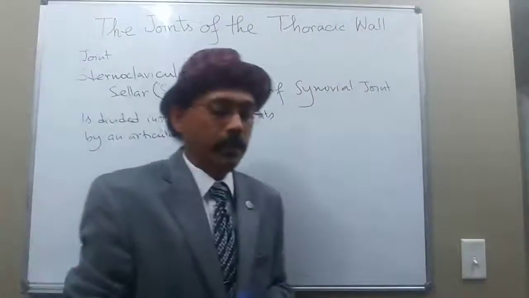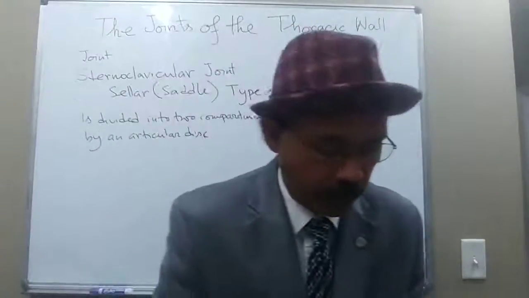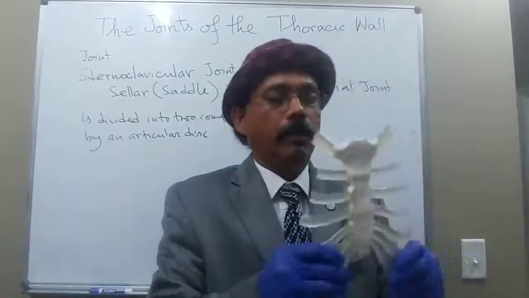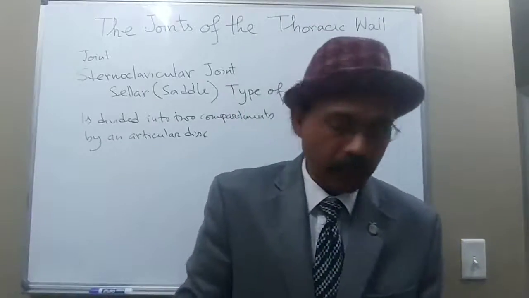So we have multiple movements. So we have done the joints of the anterior thoracic wall. Okay, now we'll go back.